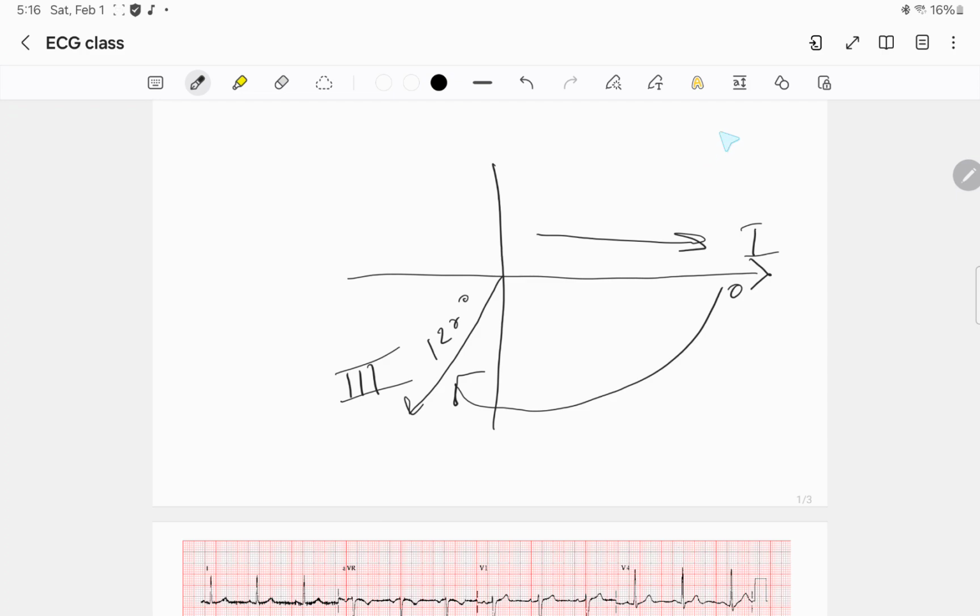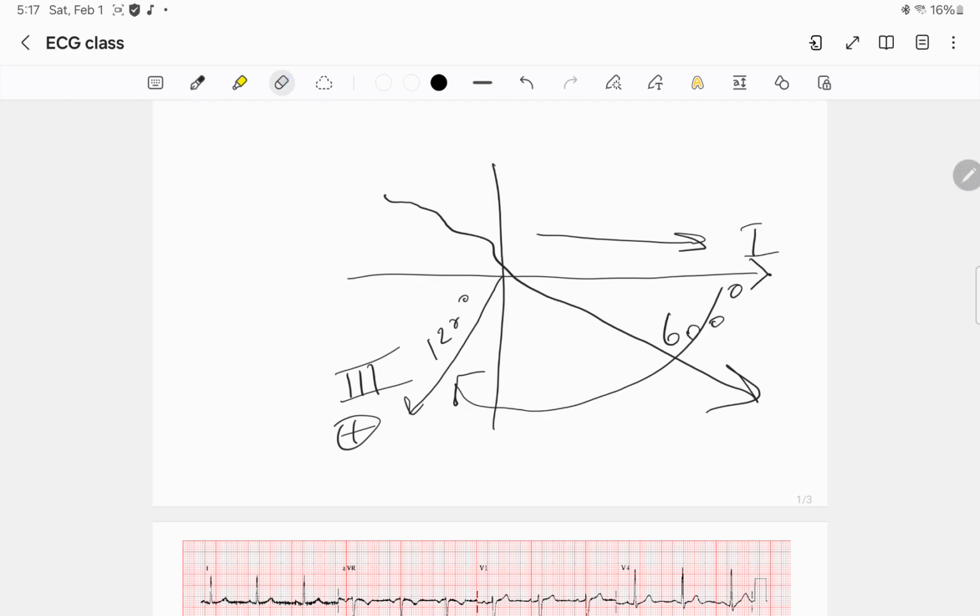Because the mean electrical axis of the heart normally is approximately in this direction, 60 degrees, towards the left, and lead 3 is towards the right-hand side, the impulse would be going in the opposite direction of this electrode, so the repolarization vector may be inverted.